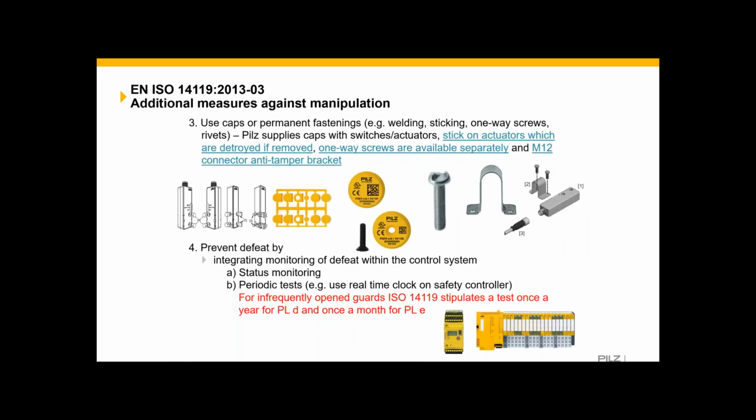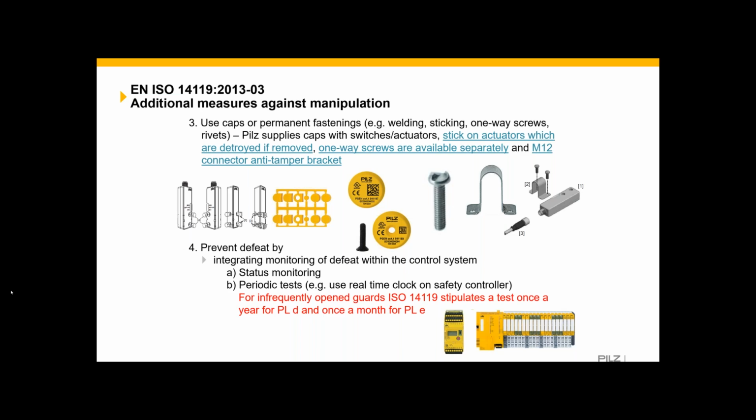Additional measures we can use against manipulation are caps or permanent fastenings, which we can provide for our interlocks, and we can prevent defeat via the control system by status monitoring or plausibility testing, which detects, during the machine life cycle, any unusual successions of state resulting in defeat.